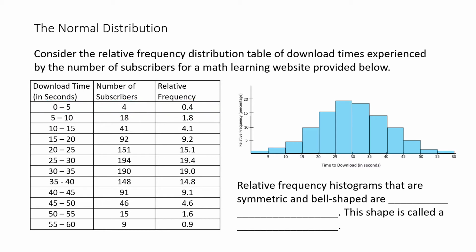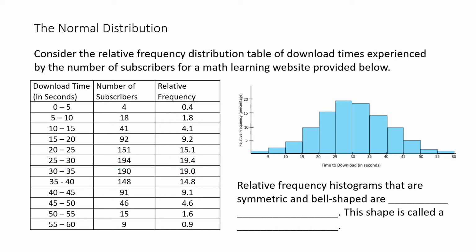Let's go down a few more rows and look at 25 to 30. That means 25 seconds up to 30 seconds, but not including 30. The number of subscribers who experience this download time is 194. Its relative frequency would be 19.4.